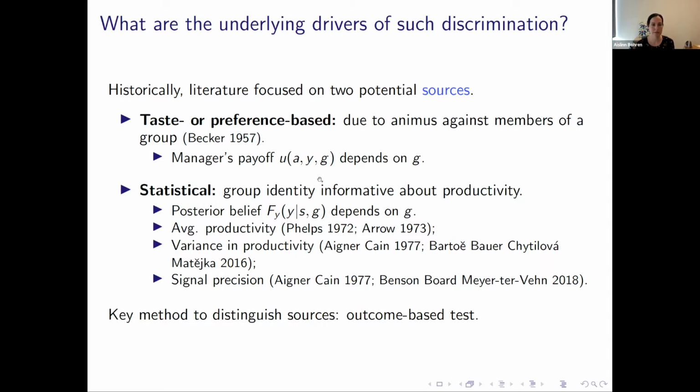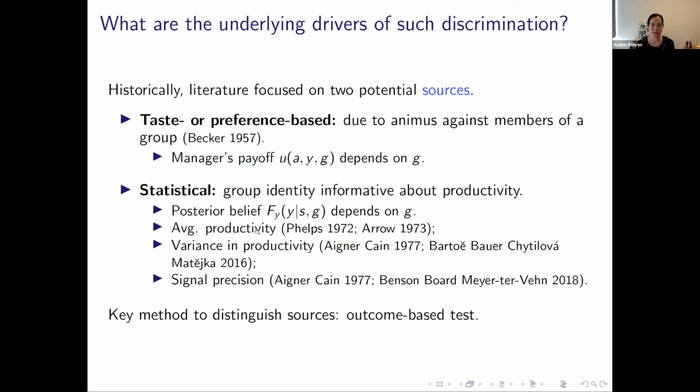In other words, formally, the posterior belief of productivity conditional on the signal also depends on group identity. So Phelps and Arrow first modeled this as differences in, say, the average productivity. If one group has a lower average productivity than the other, then even if you see the same signal, you would still have a lower posterior belief about the expected productivity and therefore treat the workers from the group with the lower average productivity with lower evaluations.